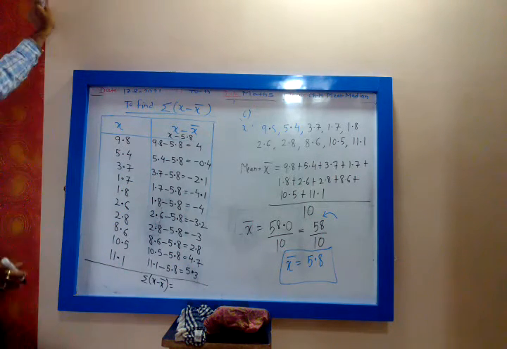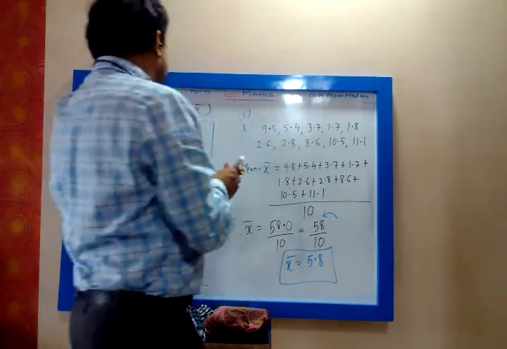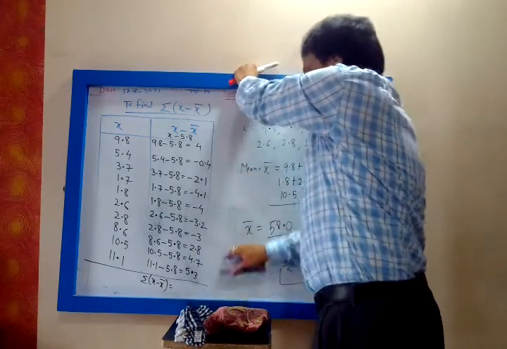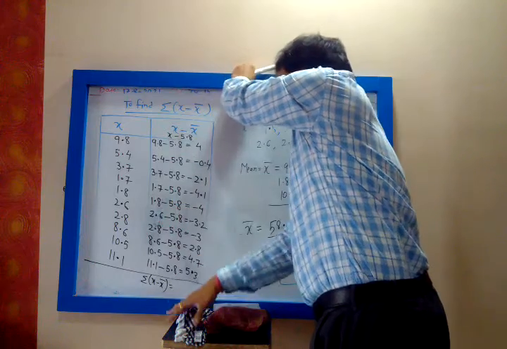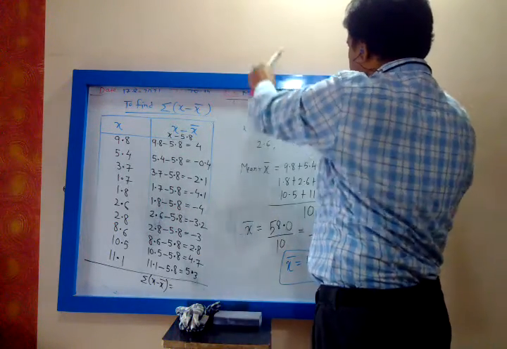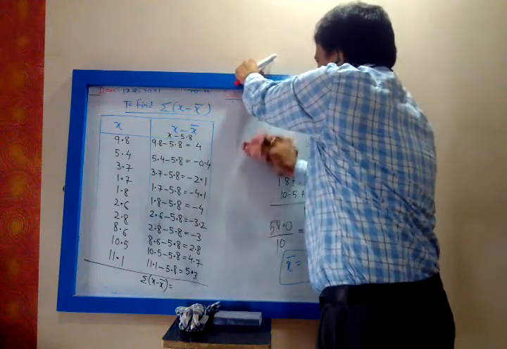Okay. So now we have to add this last column. Summation means add all the values and see what the total is.